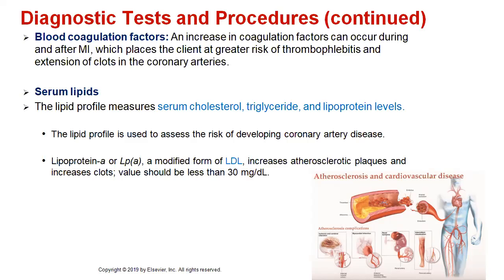If MI is untreated, the patient develops heart failure, right? So next in this PowerPoint, we discuss the serum lipid or cholesterol level, right? Cholesterol level is very important for the NCLEX board.